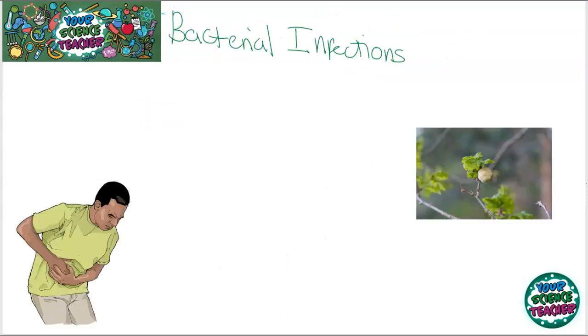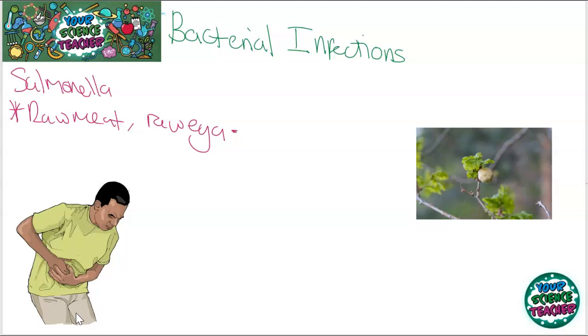We're going to now look at some bacterial infections in depth. The first one is salmonella, a very common bacterial infection that comes from mainly raw meat and raw eggs.